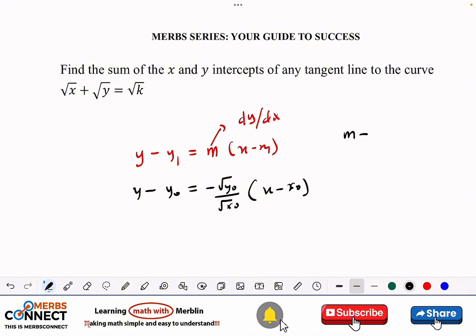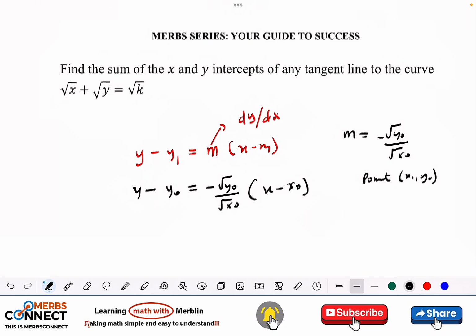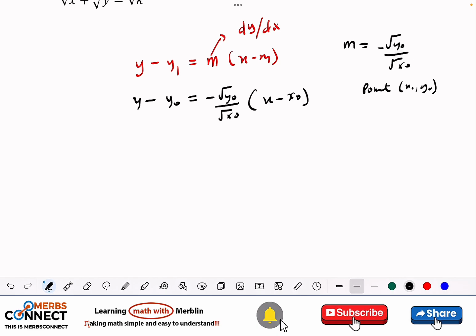So the slope, which is dy over dx, which is m, is minus root of y naught divided by root of x naught, and the point was x naught and y naught. So let's try and simplify this, then we find the x-intercept and the y-intercept, and don't forget we want to add them. So basically we add our y and our x.